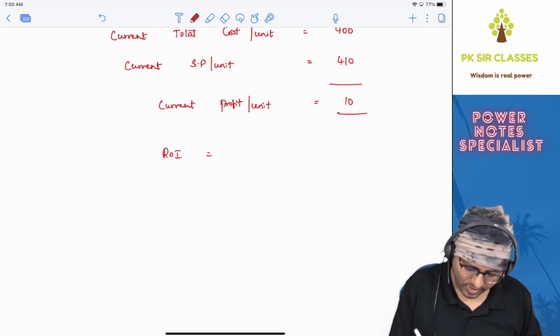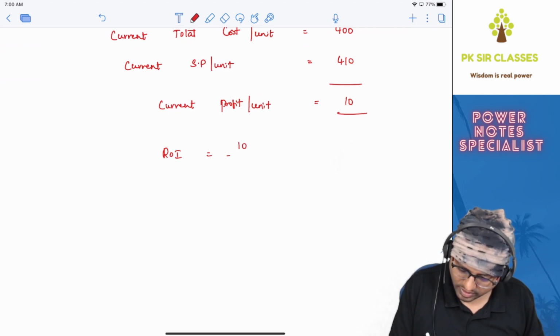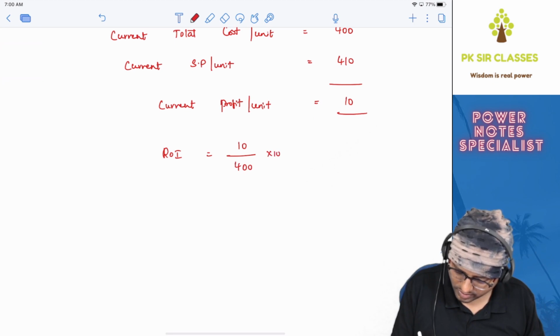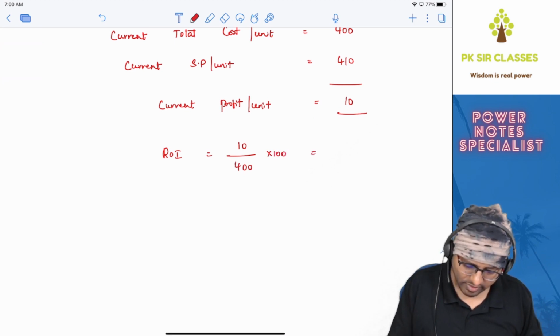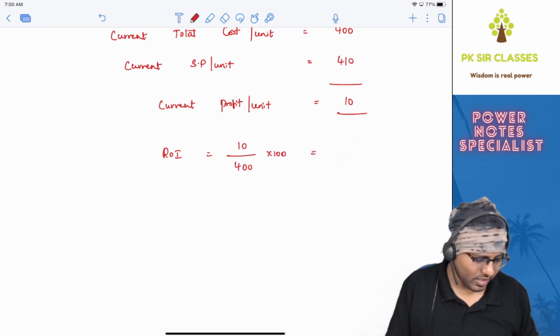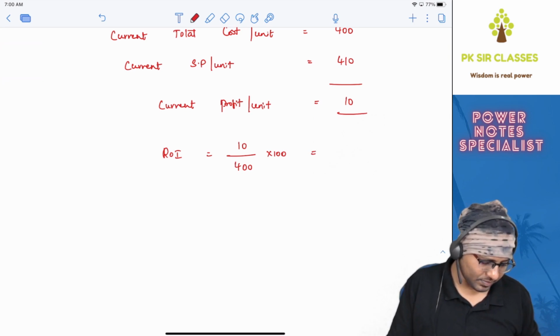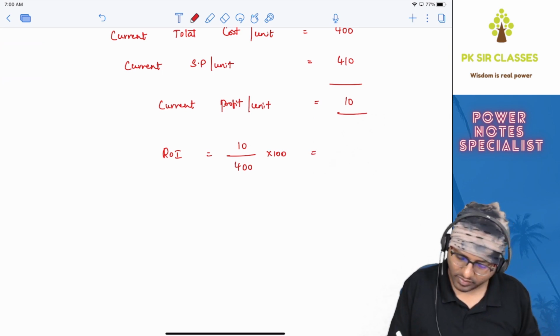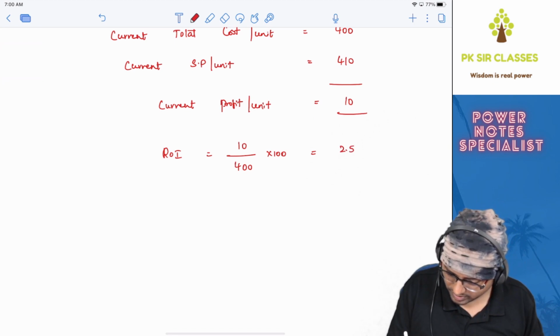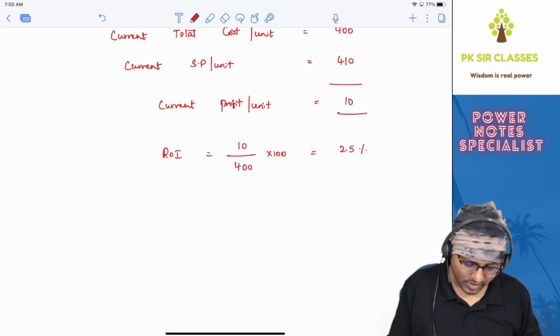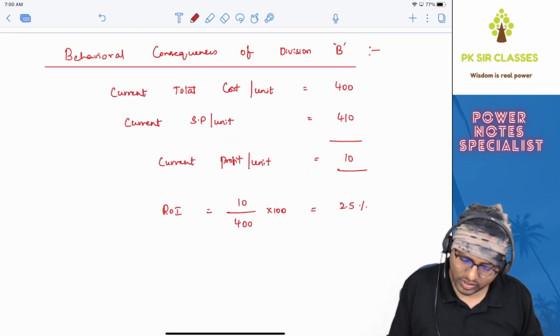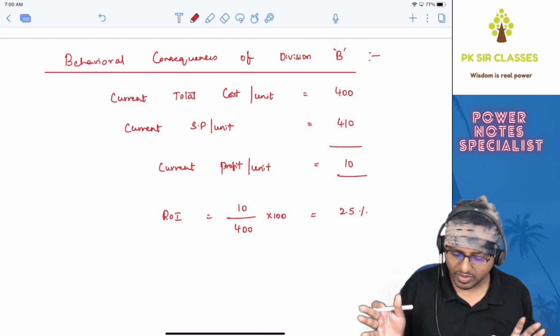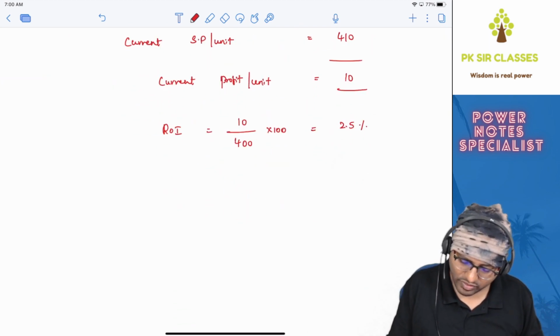Now, let's see what is the ROI right now it is earning. Division B. 10 is the return divided by total cost 400 into 100. So 10 divided by 400, right? It comes around 2.5%. Okay, now this is what is happening right now to division B. Let's see what's going to happen after internal transfer at 120.